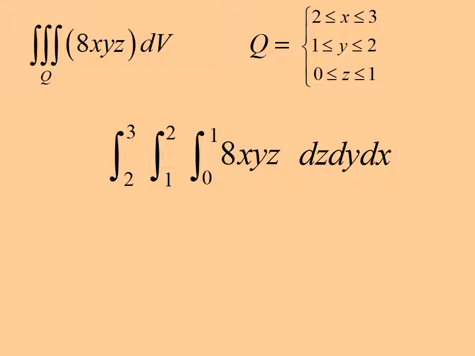Now, this can be done by the same property that we studied for double integrals. We have a function of x, we have a function of y, we have a function of z, all multiplied together. So we could split this into separate integrals. We can do the integral of the x, the integral of the y, and the integral of the z independently and multiply them together.